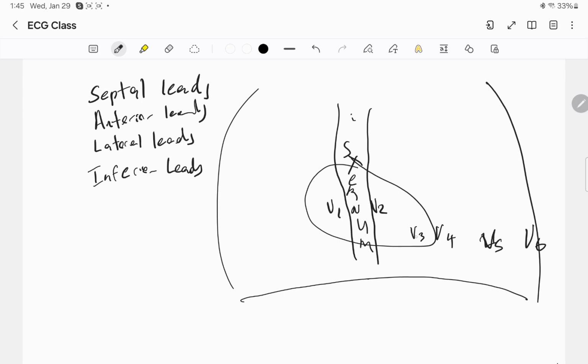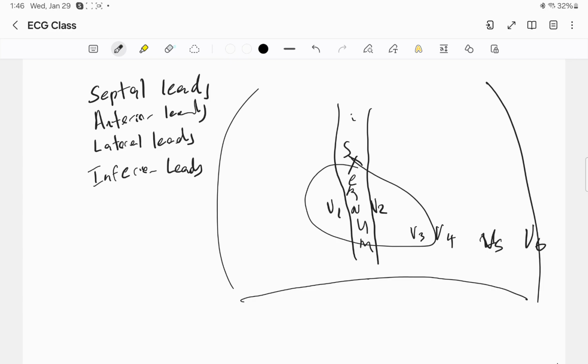And V2 may reflect some changes seen anteriorly, because it's adjacent to V3, even though V3 is the best at looking at the anterior aspect of the heart. So it's a fluid thing in real life, but in terms of strict classifications, this is what it is.